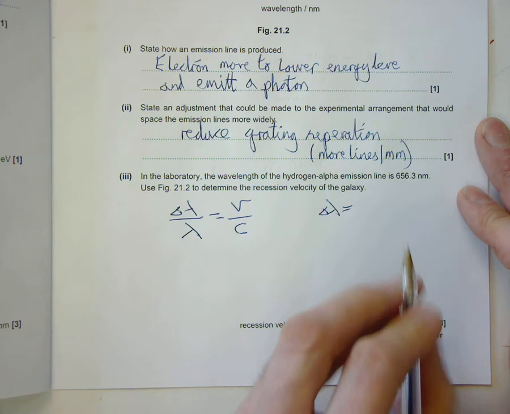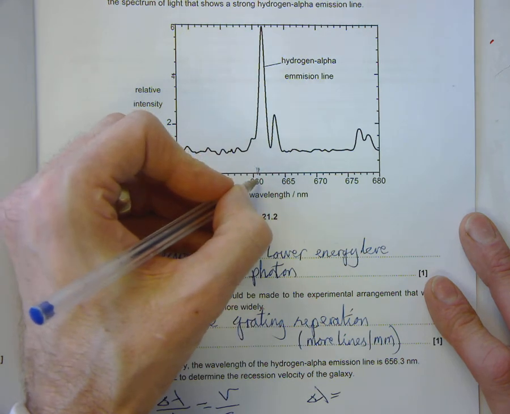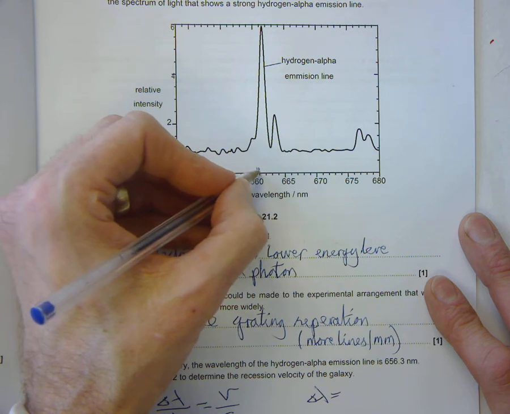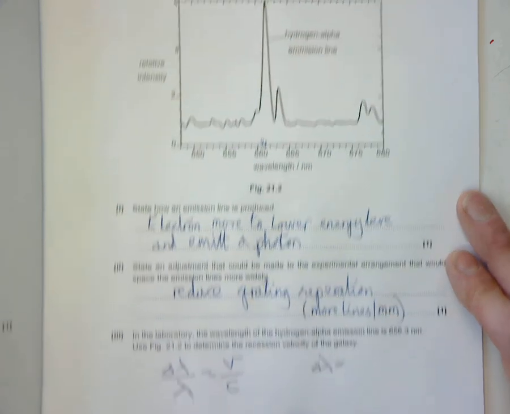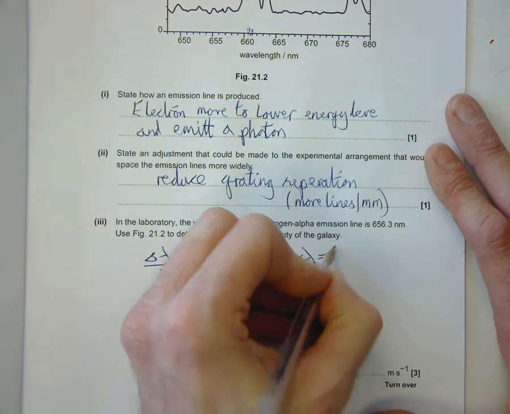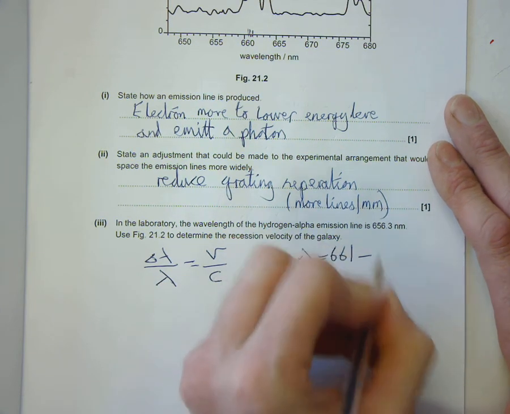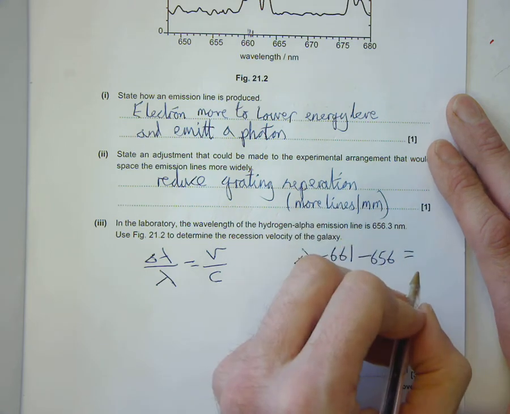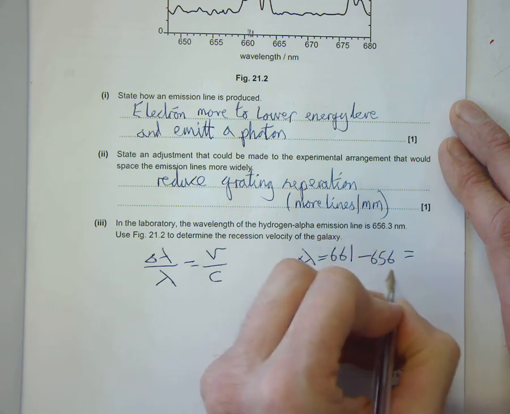Well, if you read it from the graph here, I guess it is somewhere around 660, just over 661, something like that. So if we use something like 661, take away the value in the lab, 656, that gives us a value of, I guess, about 5, isn't it?